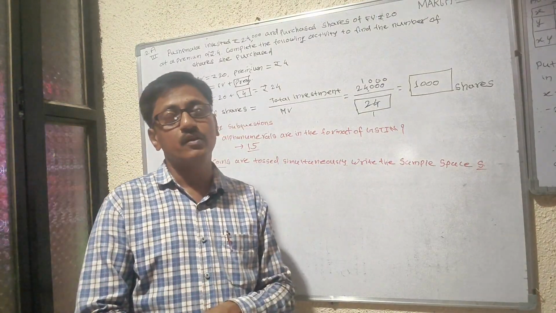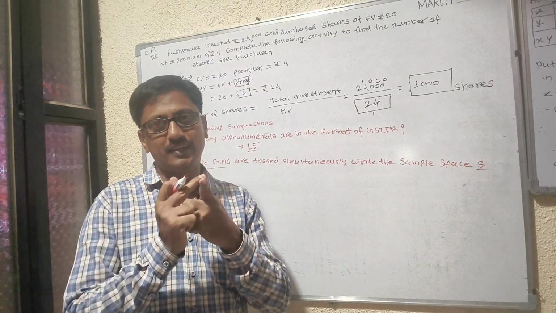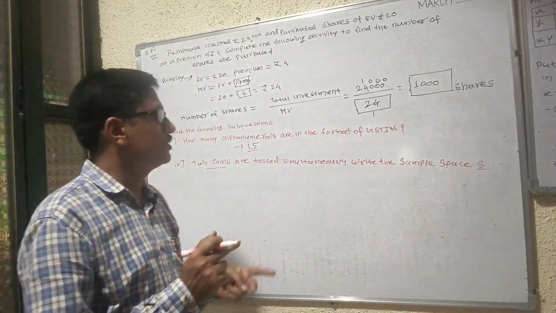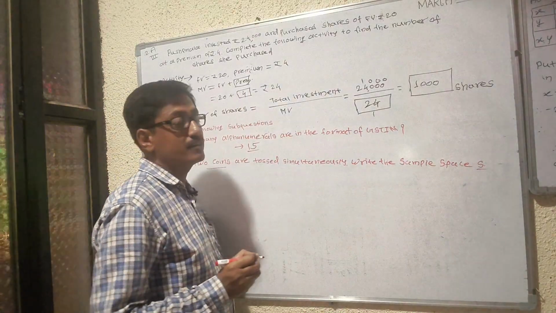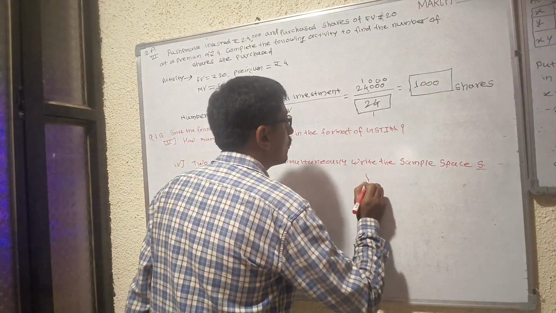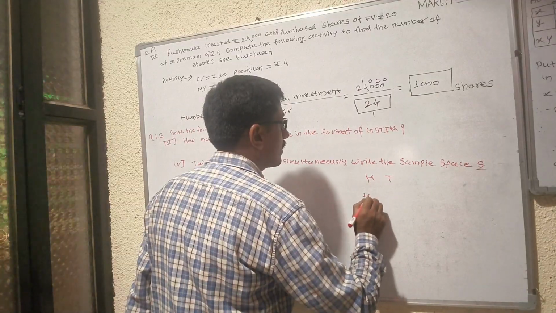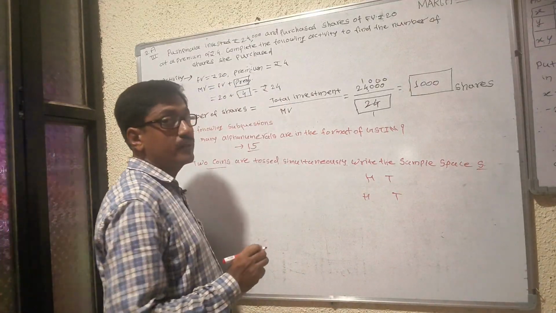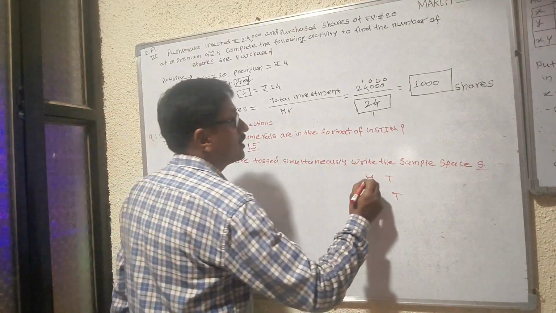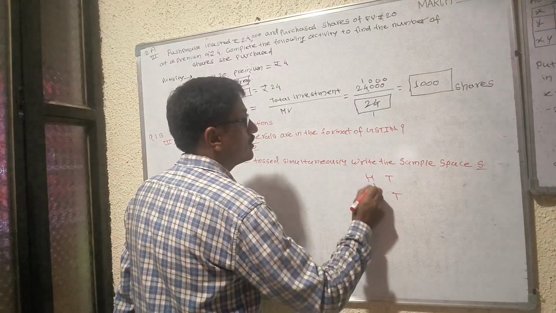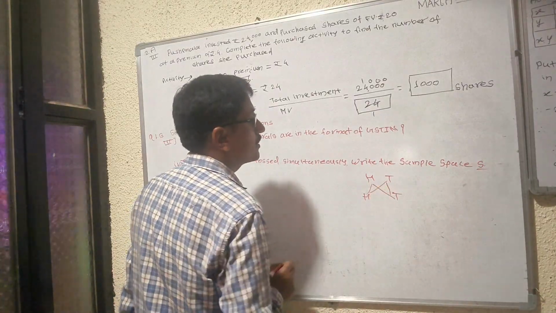We know one coin has two sides, one is head and another is tail. We calculate here one coin head, tail, another is head, tail. We get the pairs HH, HT, TH and TT.